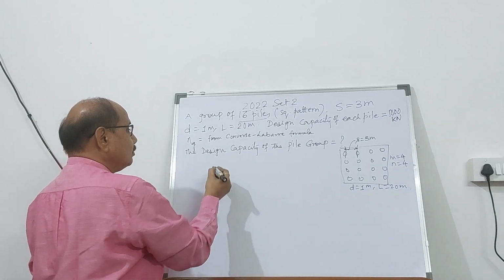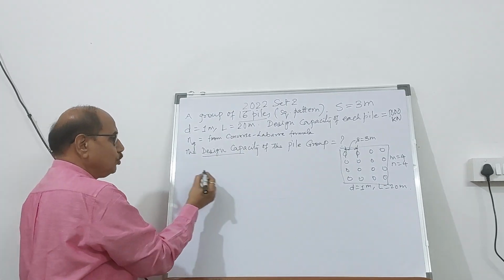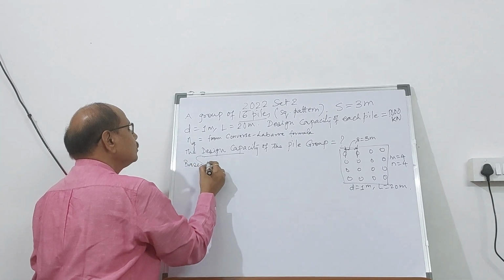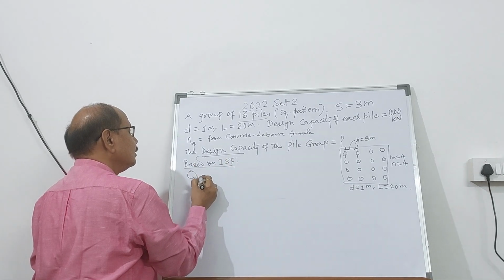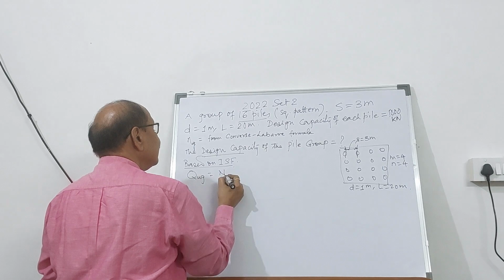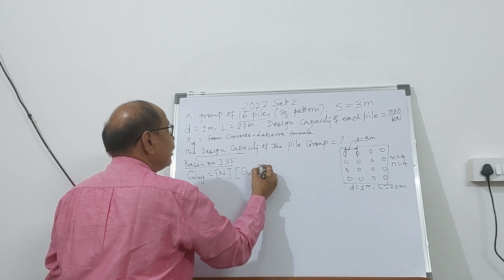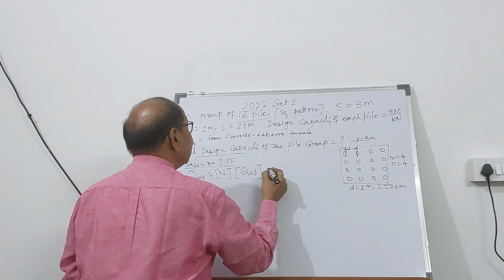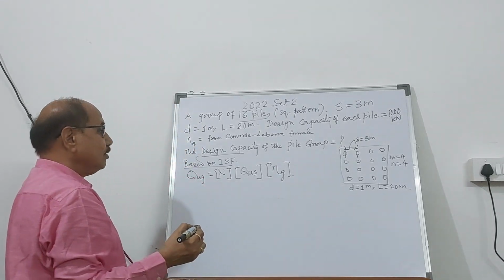So how will you find out the design capacity? In the last video I explained to you that if it is a pile group based on individual shear failure, you know that the design capacity QUG of the pile group will be number of piles n into QU, the ultimate load carrying capacity or design capacity of the single pile, multiplied by the group efficiency factor given by the Converse-Lebedev formula.